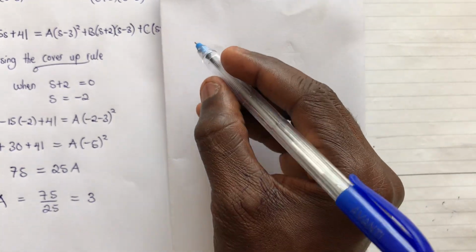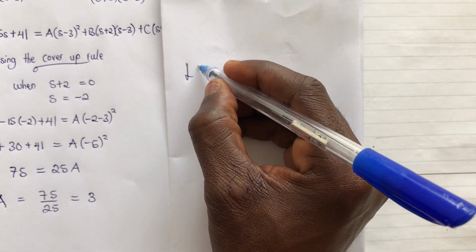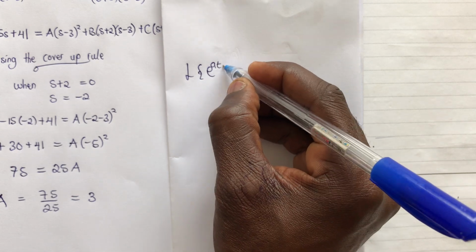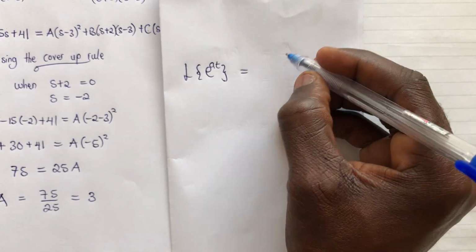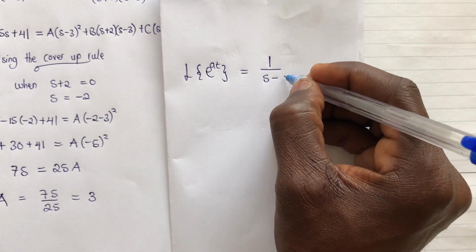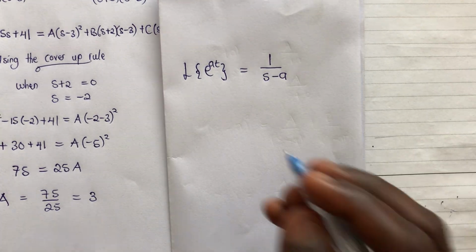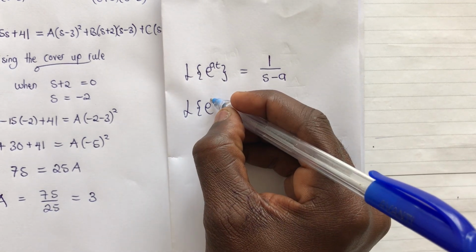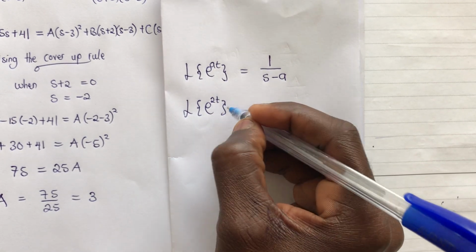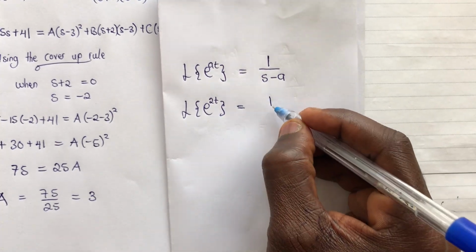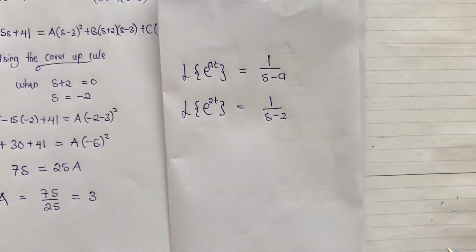Now, we know that the Laplace transform of the function e to the power at will give us the result 1 over s minus a. So when I have the Laplace transform of a certain function e to the power 2t, where a is a scalar giving us the value 2, then this result is 1 over s minus 2.